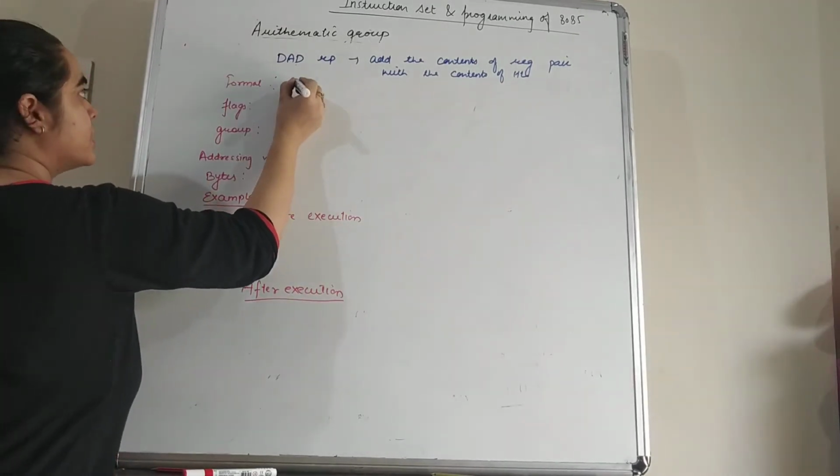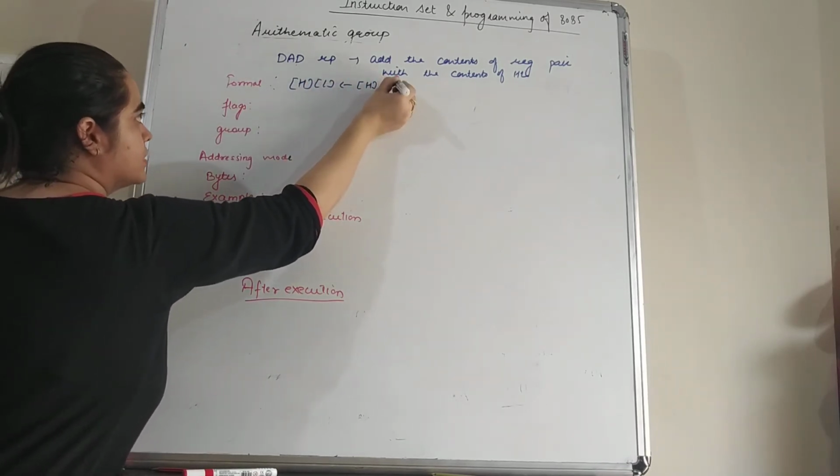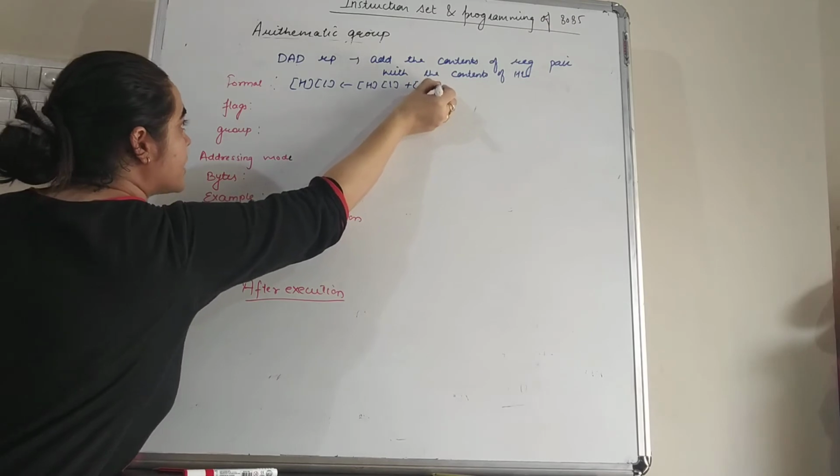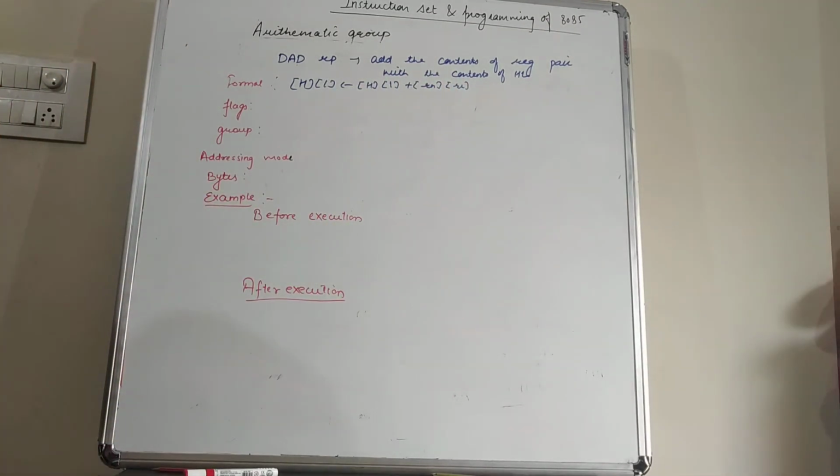So the format is HL plus RH and RL. RH means the higher order byte and RL means the lower order byte.